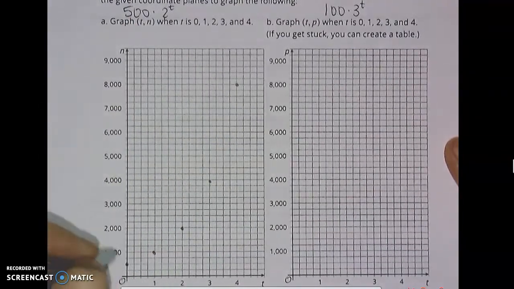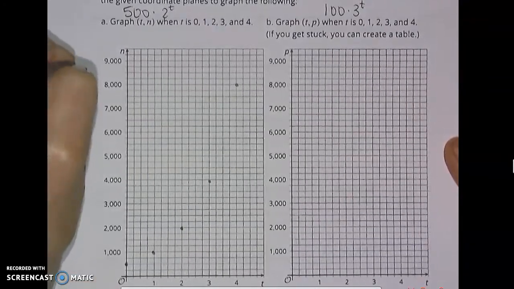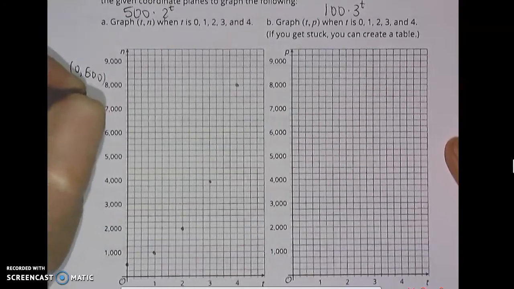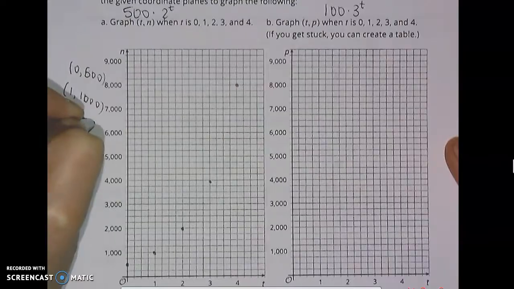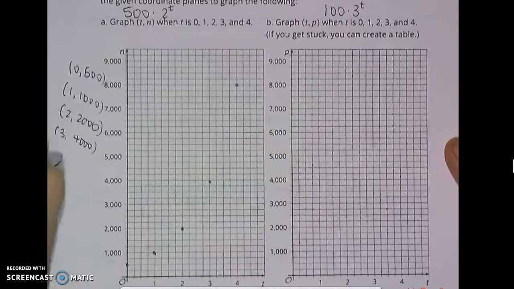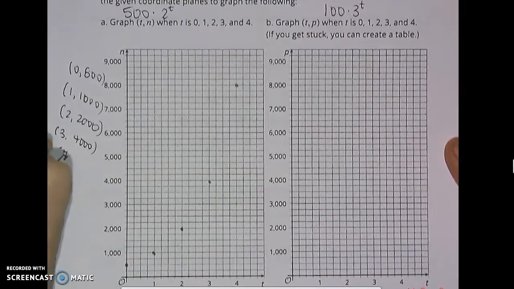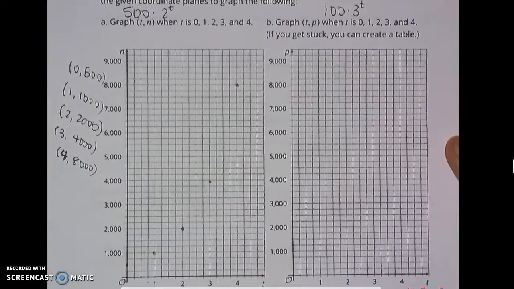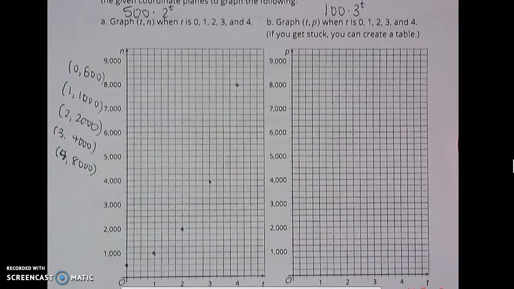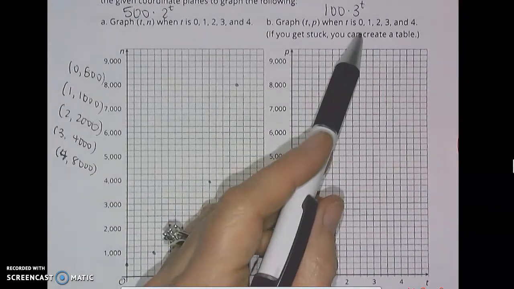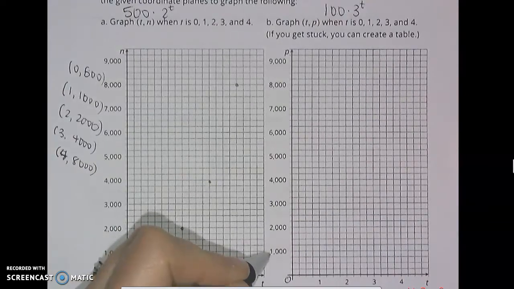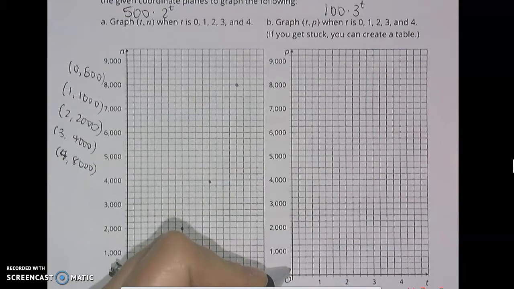So each of those points, we had 0, 500. We had 1, 1,000. 2, 2,000. 3, 4,000. And 4, 8,000. Those were the points. Okay? Over here at 0 hours, we would start off with 100. So since this is 1,000, each one's 250.